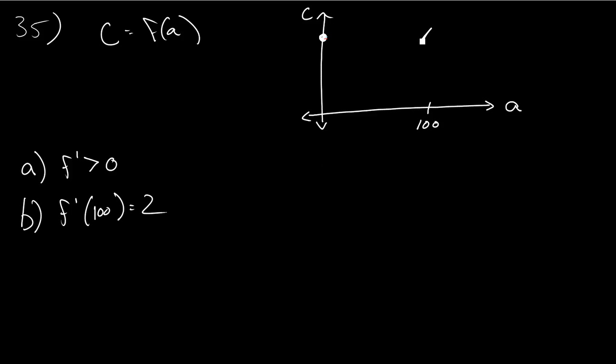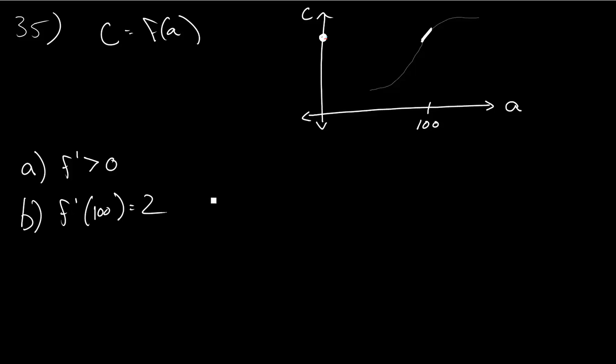So it's sloping up like this. And so we're going to have to actually write down what this statement means in words. We can see it on the graph now: at 100, my graph has a slope of 2. We don't really know what's happening out here. Maybe it's something like that, and maybe this is something like that, but we don't really know. So we need to interpret what this means.